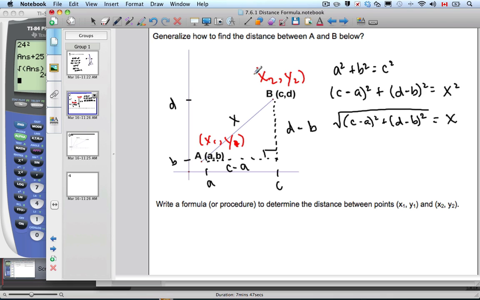All we would do is plug in our values for C and D as X and Y. So the distance formula equals: C is X2, minus our A value, which right here is X1. So we're subtracting the X values.